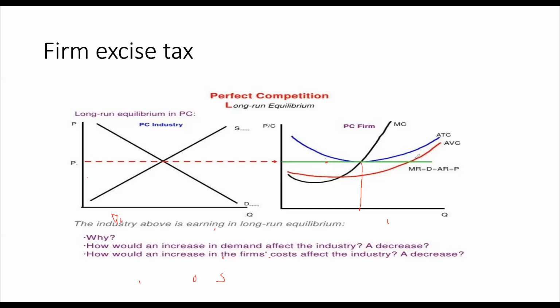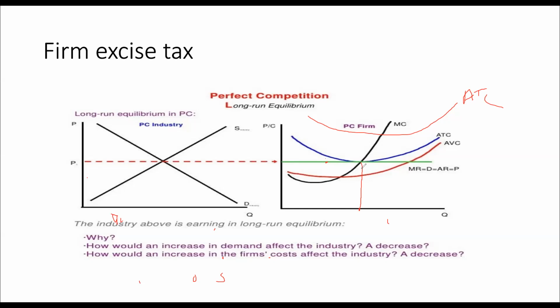The price is Mr. Doe. The shutdown rule is, if we were losing money here, lump sum tax, ATC goes up. We're staying in business because the price is between the ATC and the AVC, meaning I'm taking care of some of my fixed cost. I'm not losing all my fixed cost.